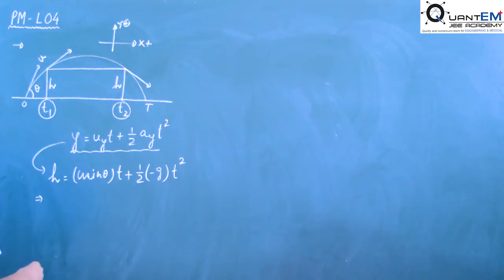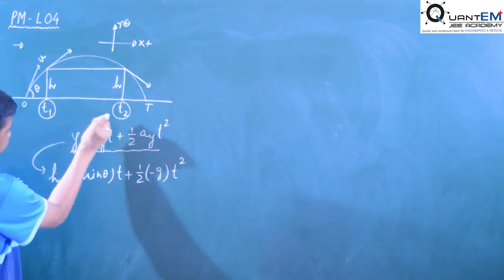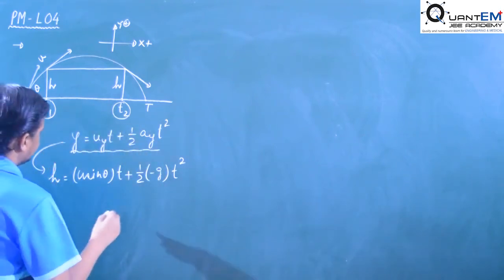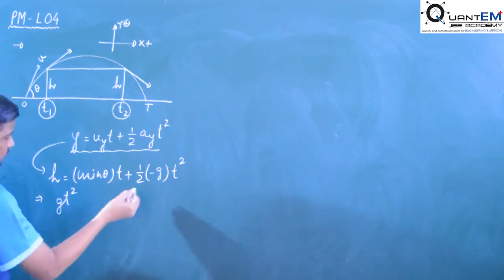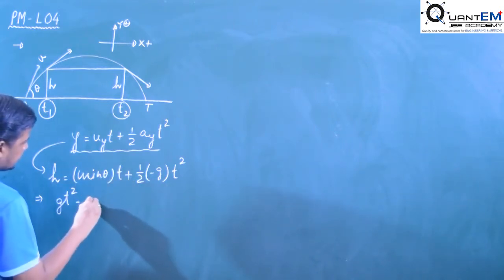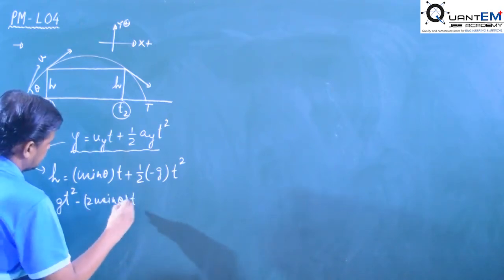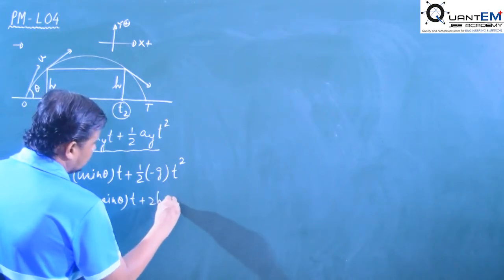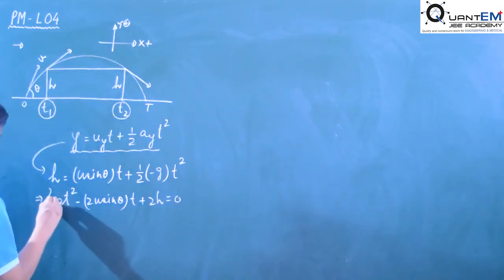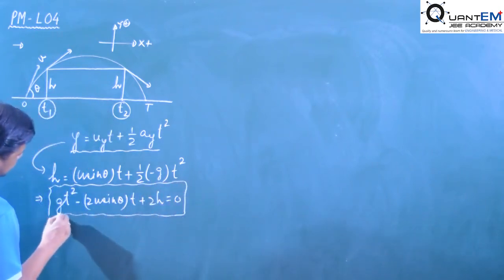Now we have height h at two different times and we have to find the relation between these two times. Okay, so we simplify it to get the result gt square minus 2u sin theta into t plus 2h is equal to 0. See, this one is a quadratic equation in time t.